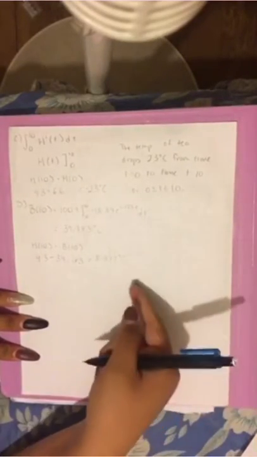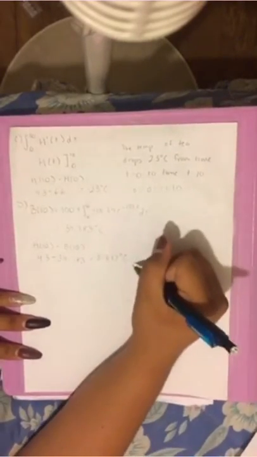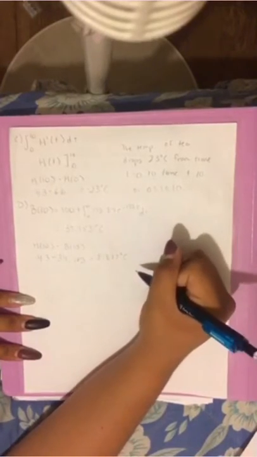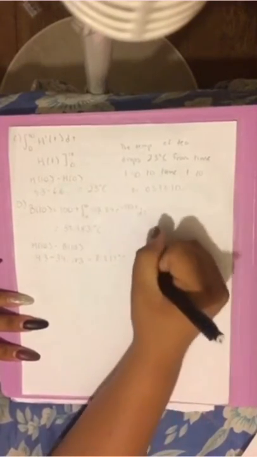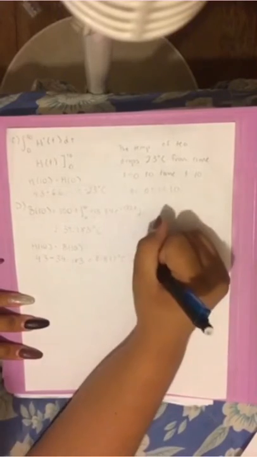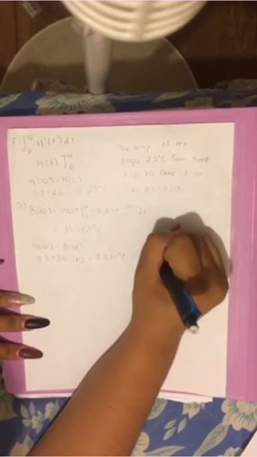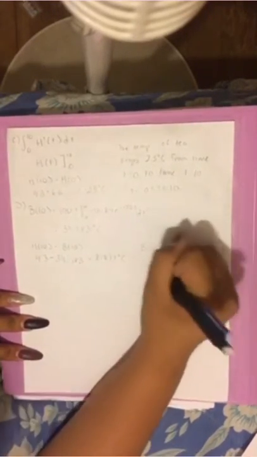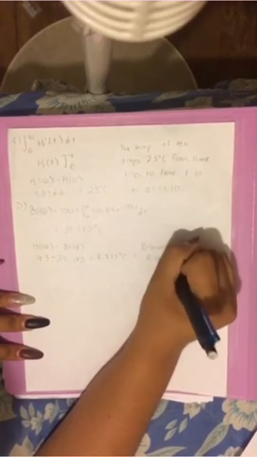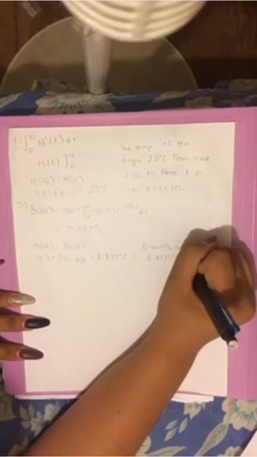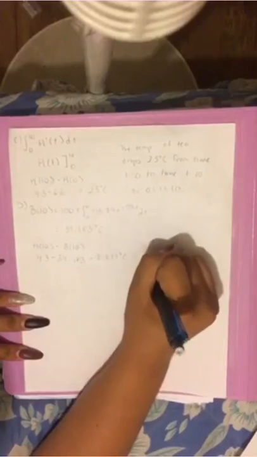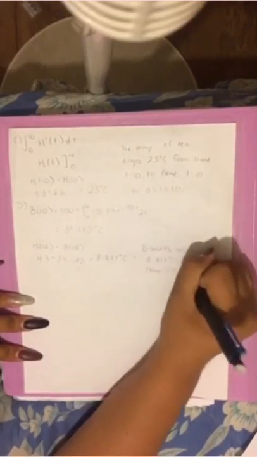So the answer is that the biscuits are 8.817 degrees Celsius cooler than the tea, pretty much. And that will be your answer for letter D.